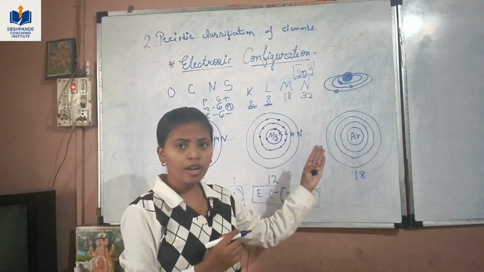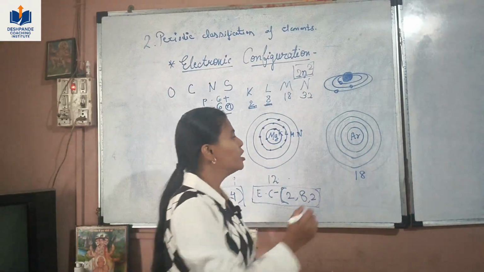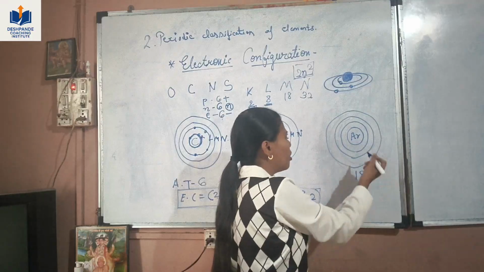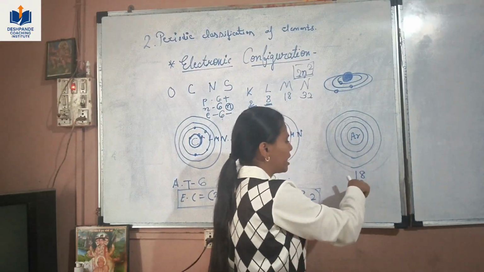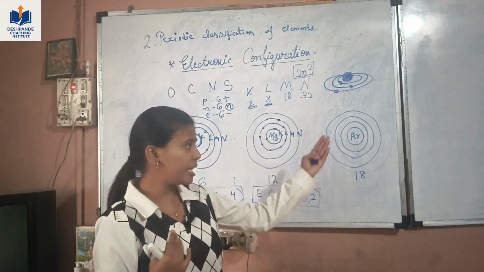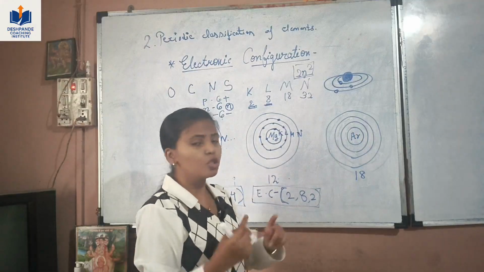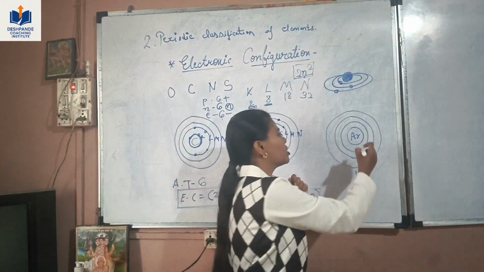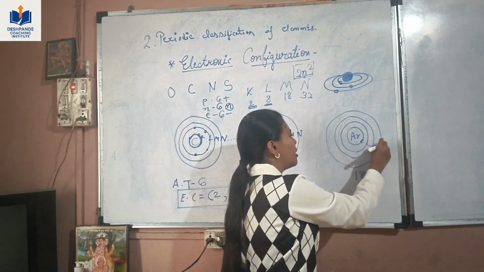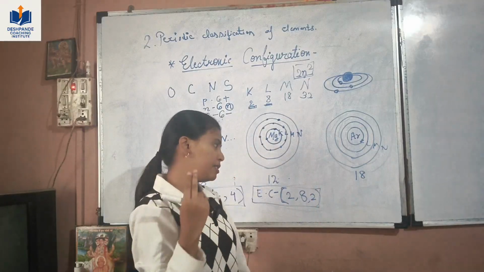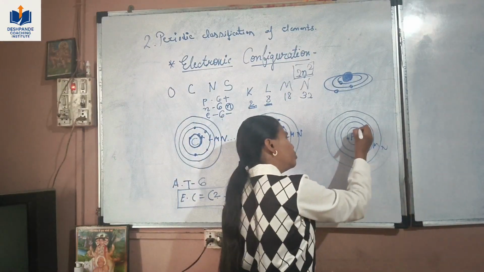So you all do it for argon. I'll just help. Argon has 18 electrons. Similarly, it has 18 protons in its nucleus. We'll now fill the electrons in the shells. K, L, M, N. K has a capacity of 2 electrons, so 2.